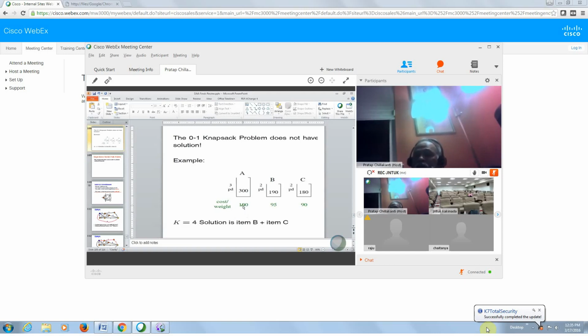But if you do it in a different way, the value is 300. Sorry, I'm not saying just take that. 300 is what you get, because you take 3 pounds, because that's the greedy algorithm. You want to fill up the bag as soon as possible, right? You take 3 pounds, you get 300. But you can't take any more because you exceed the weight limit. So you are happy with $300 or 300 rupees.